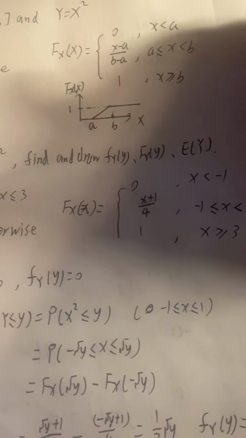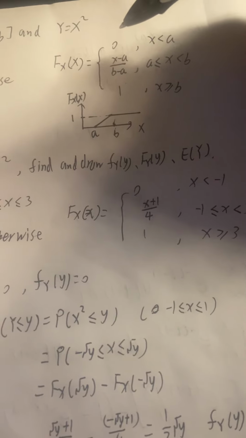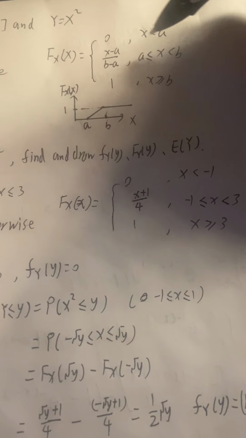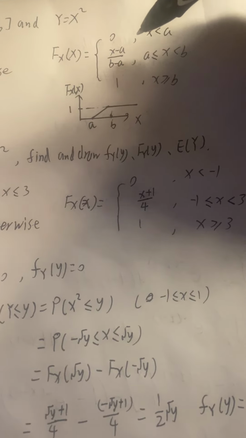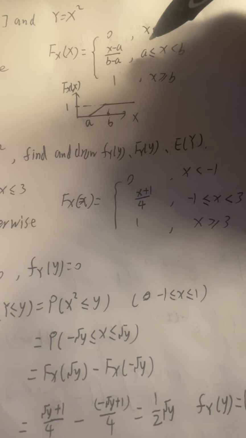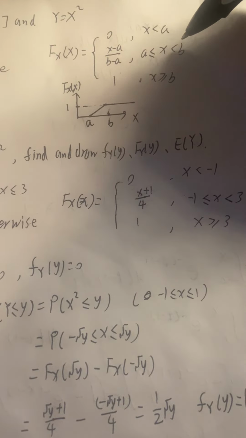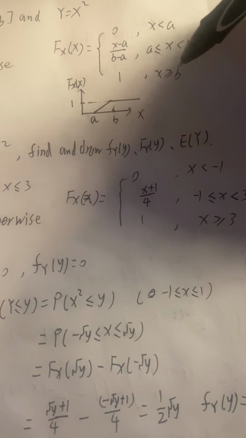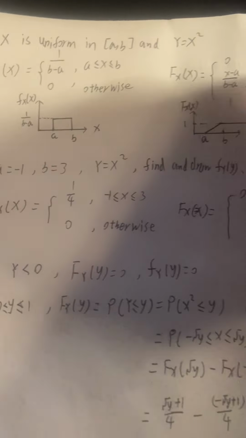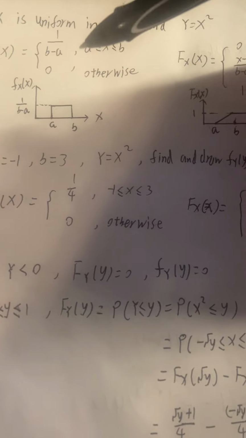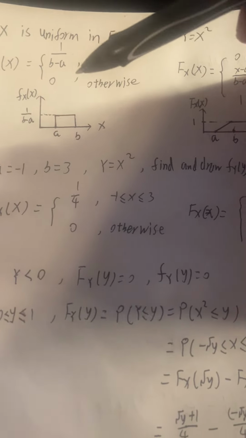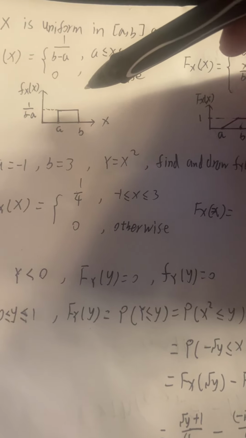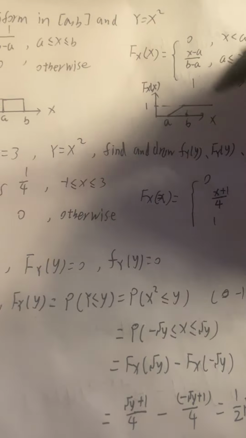Its distribution function will be 0 when x is less than a, (x minus a) over (b minus a) when x is in [a, b], and 1 when x is larger than b. Now we have the density function and distribution function, so we can draw them.